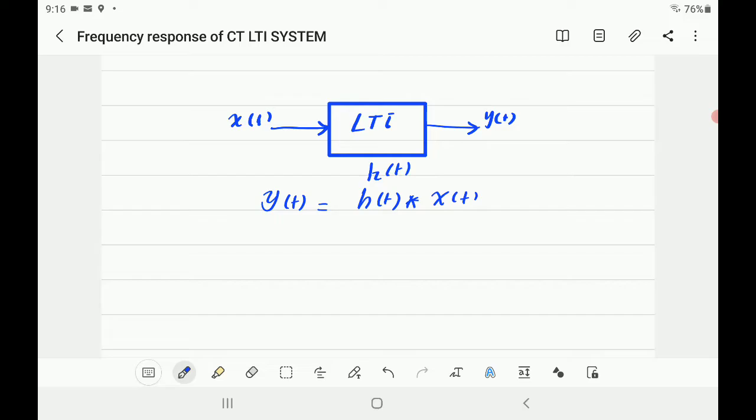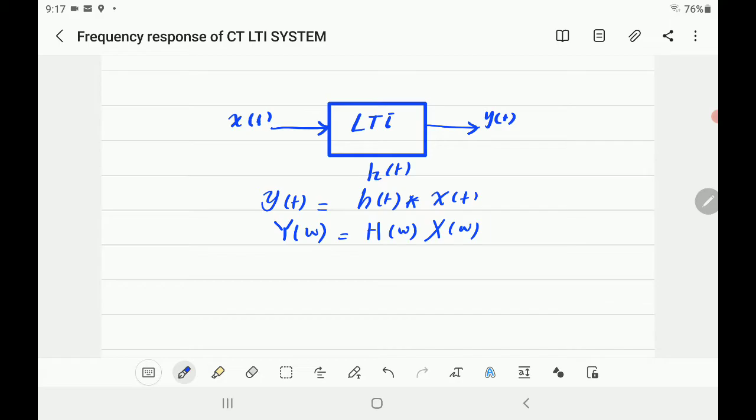But if you have a linear time invariant system and you know about Fourier transform, you can do it easily by transforming everything using Fourier transform. So your equation there will be Y of omega is equal to H of omega times X of omega, not convolution, it will be turned to multiplication, which will be easier mathematically to deal with.